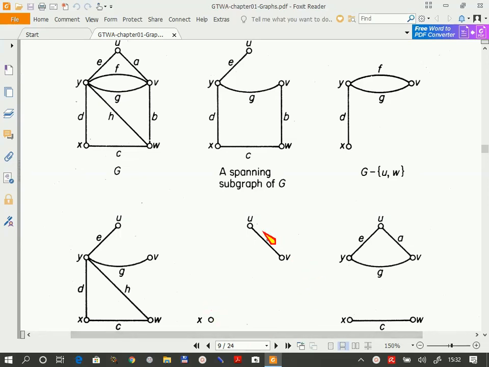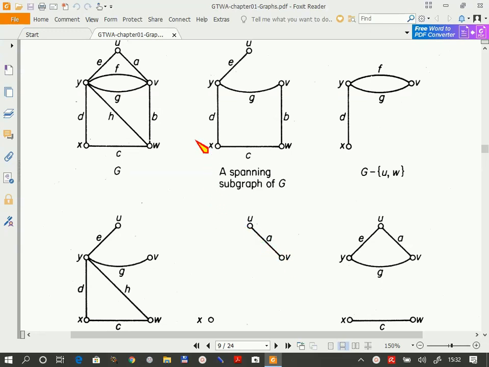This is a graph. We'll have an adjective for describing this: disconnected, okay? It is built of two pieces, and we'll have a formal way of talking about that, but it is just one graph, okay? It is one graph, this with x, which will be called an isolated vertex, and this only edge between vertices u and v.